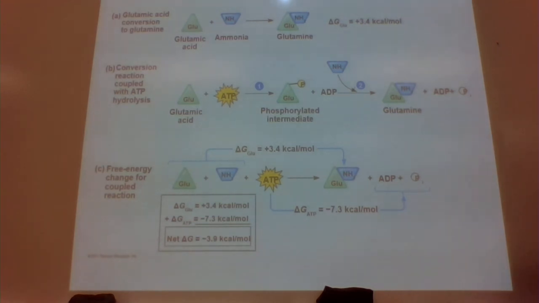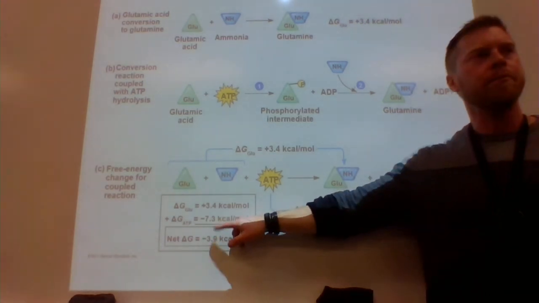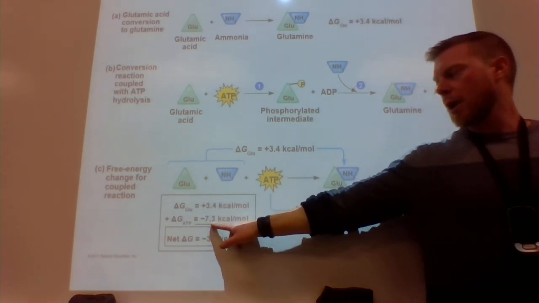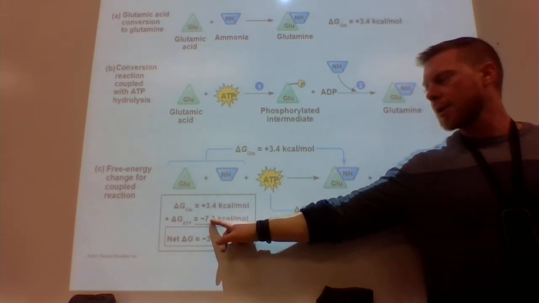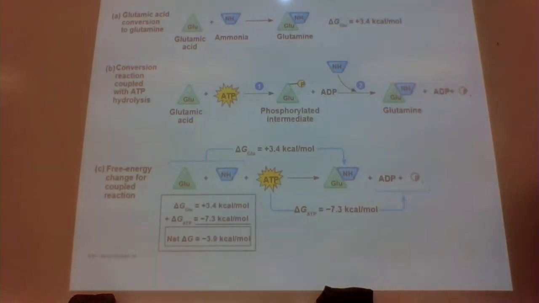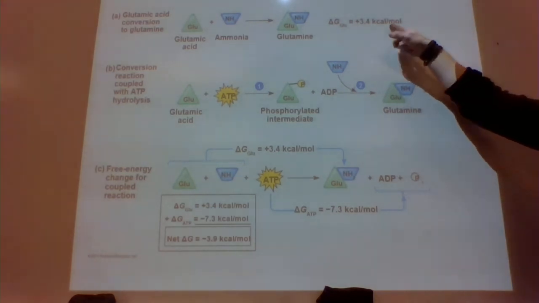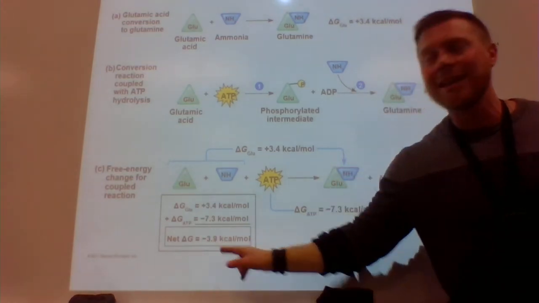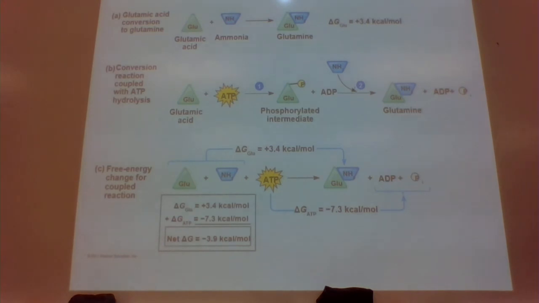So if you look at the overall delta G, it consumes 3.4, it releases 7.3, so your net delta G is actually negative 3.9 kilocalories. So at the end of this entire thing, instead of consuming 3.4 kilocalories, this coupled reaction is actually releasing 3.9 kilocalories of energy.